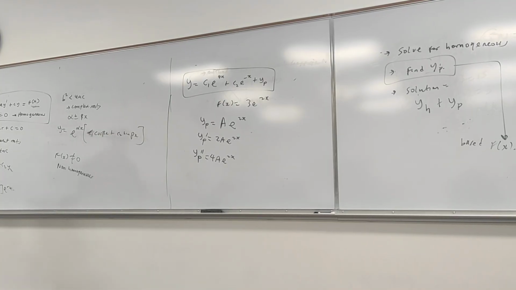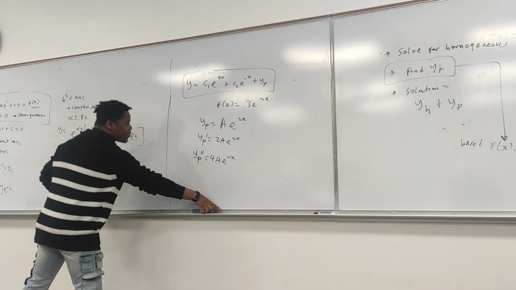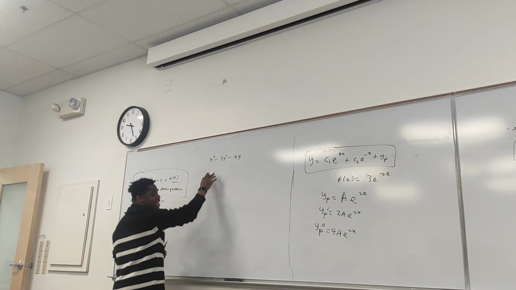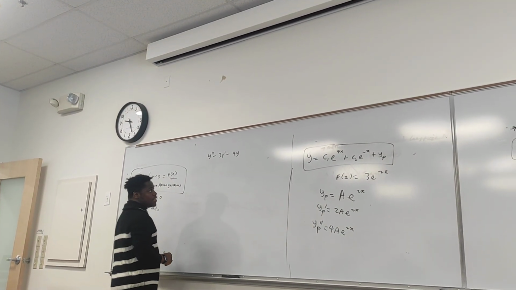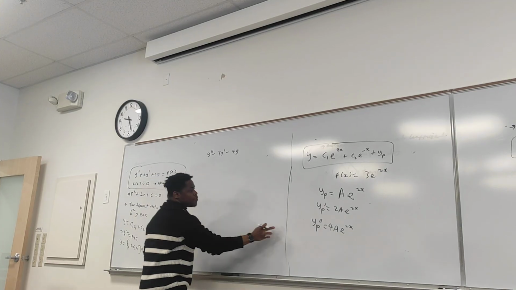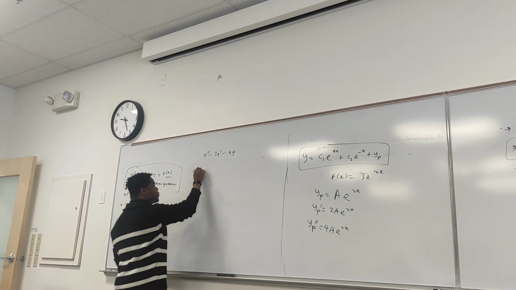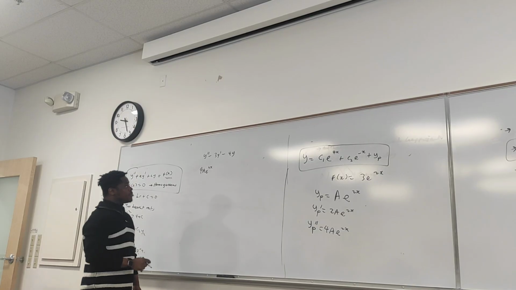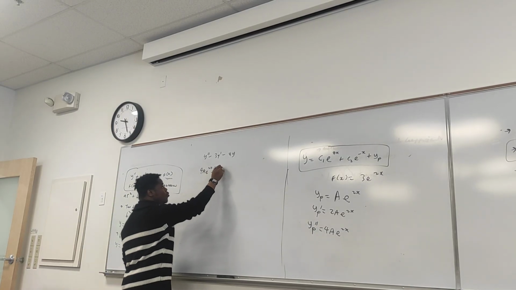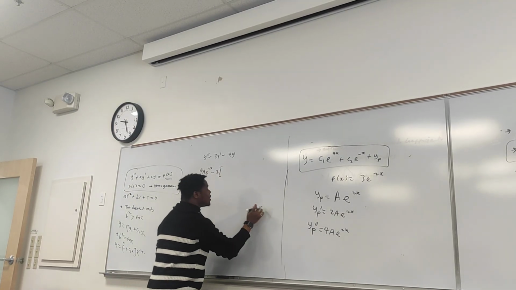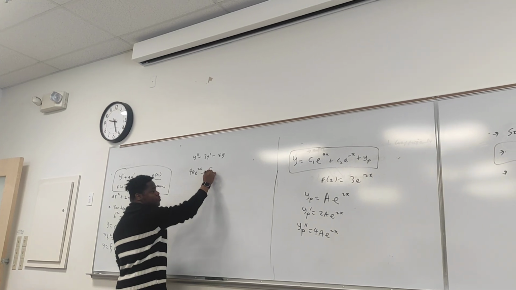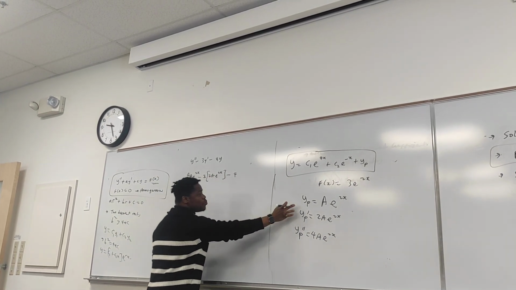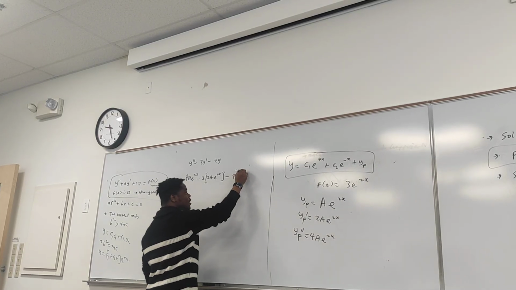Question before I continue? Okay, I apologize, I'm solving backward. All these values, we plug inside here. So from y prime prime is 4a exponential 2x, we put it here, it becomes 4a exponential 2x, minus 3y prime, which is 3 times 2a exponential 2x, minus 4y, which is a exponential 2x.